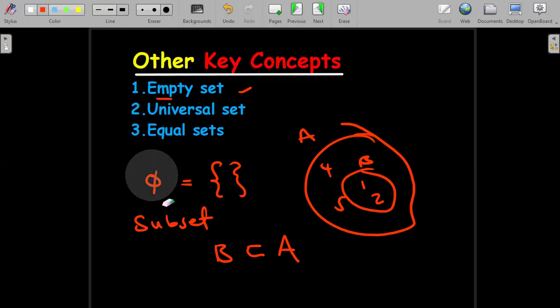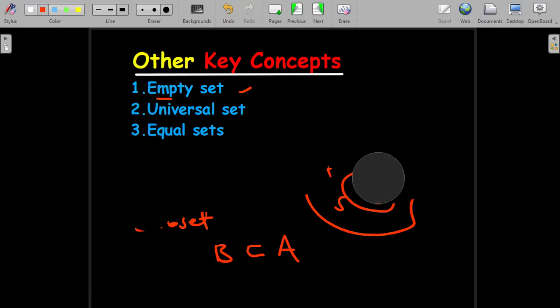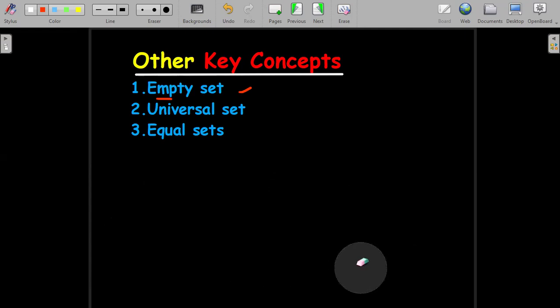Then we have the universal set. The universal set is a set that contains all other elements. All elements are contained in the universal set.